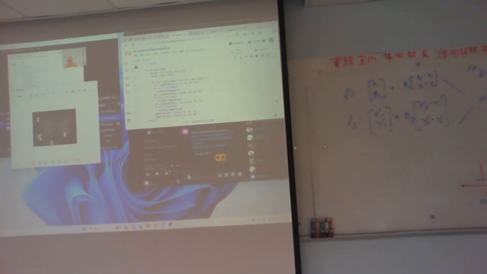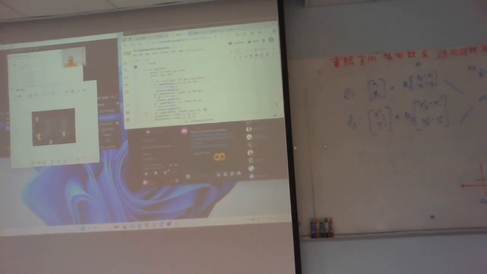If that's not none, then we have a child that we append, and C4 is quadtree environment CY plus NH, CX plus NW, NH, and width. And if that's not none, then we append it.